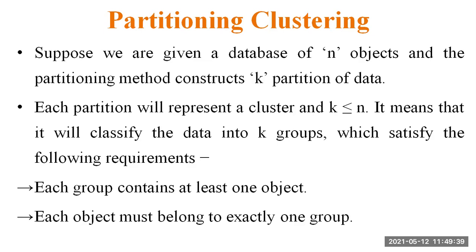If it is soft clustering, each data point can belong to one or more clusters. But because we're talking about partitioning clustering, each data point or each object must belong to exactly one group only. This is a very important observation which we need to understand even for the k-means or k-medoids concept.